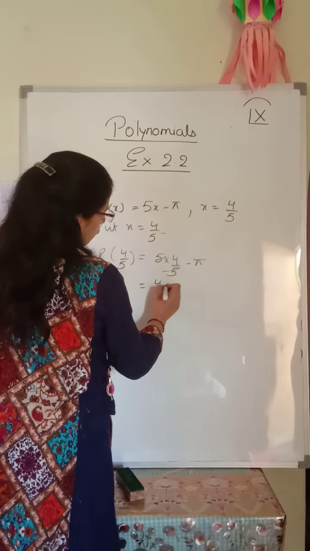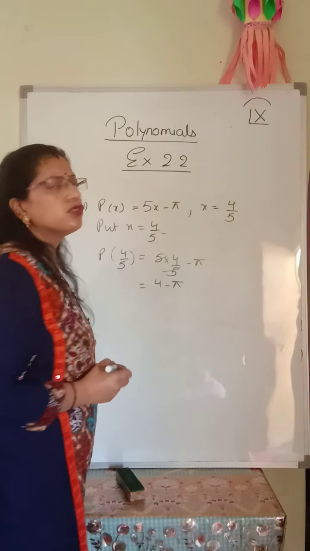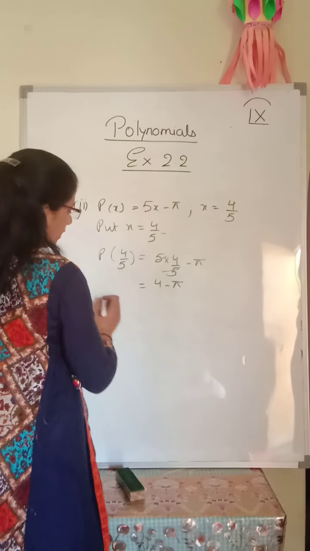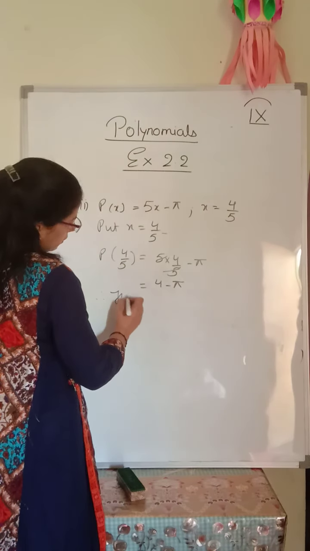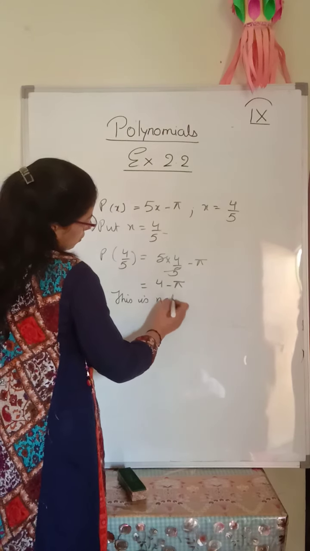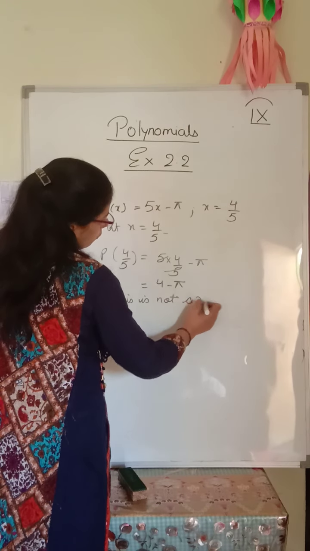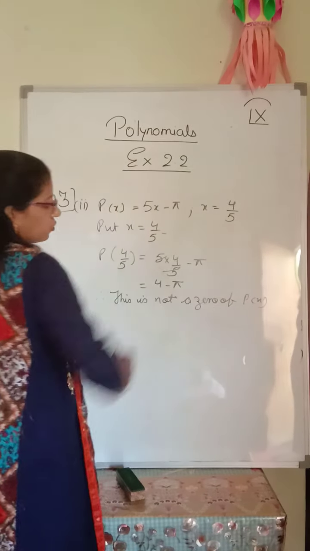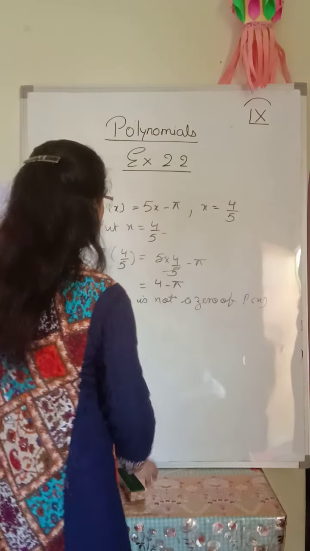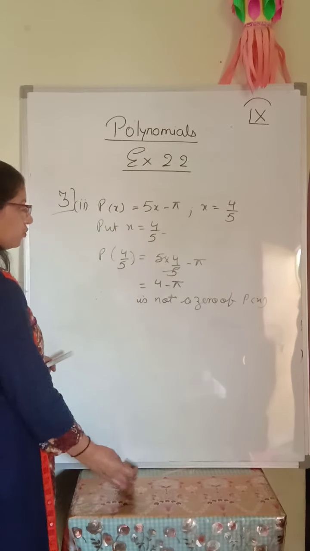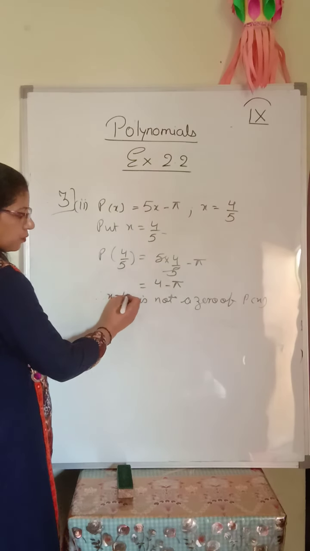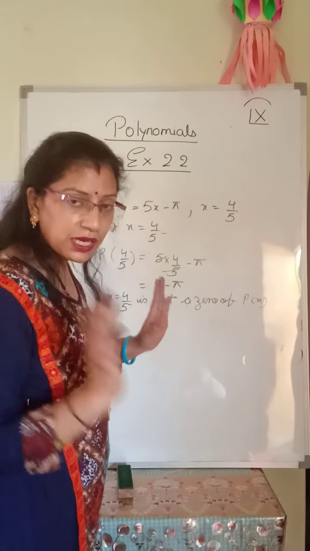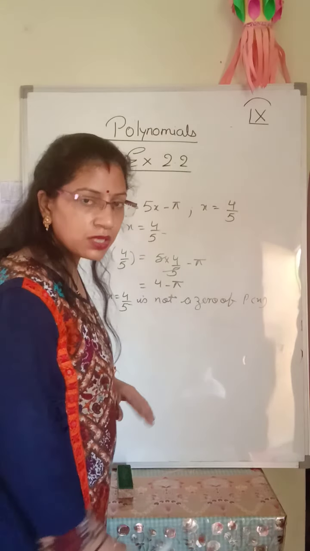So what is the value? 4 minus pi. So the value of the remainder is not 0. So we will write therefore x equals to 4 upon 5 is not a 0 of this polynomial p of x. तो ये इसका 0 नहीं. So because the remainder is not 0.